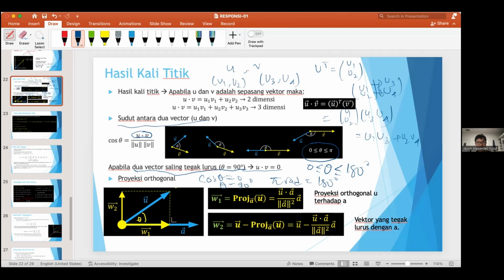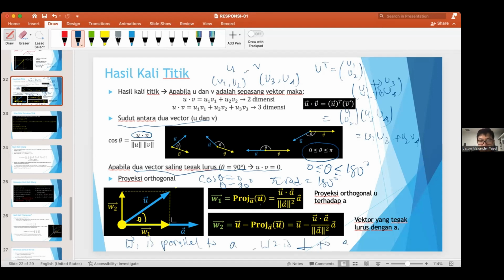That means W1 has the same direction as a. The idea is we want to make this have the same direction as a, or we can write W1 is parallel to a, and W2 is perpendicular to a.